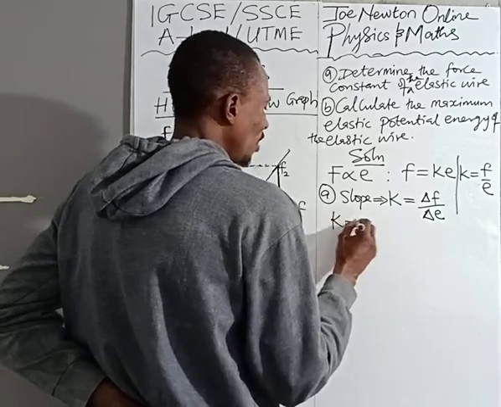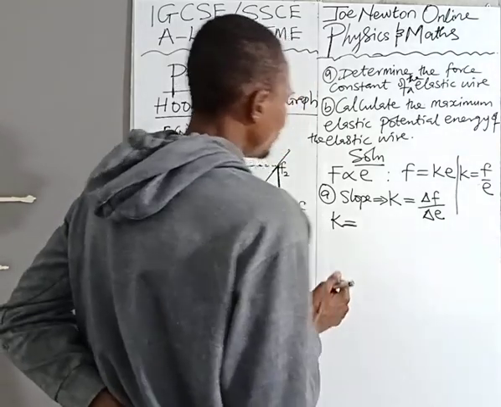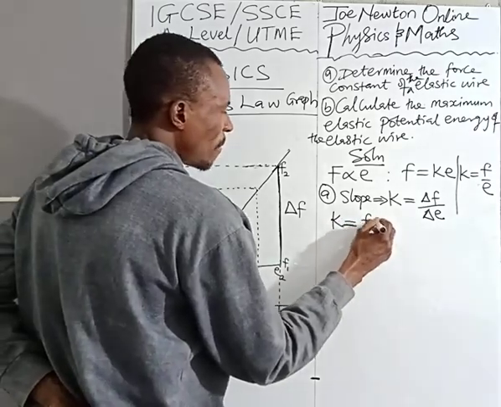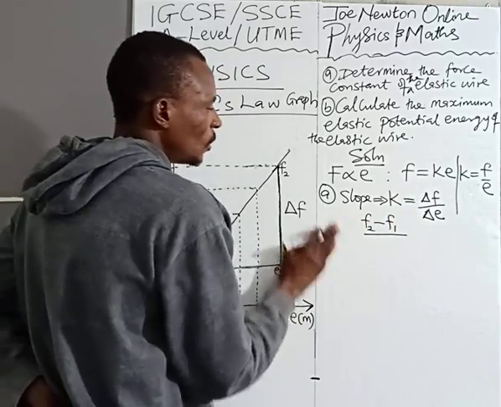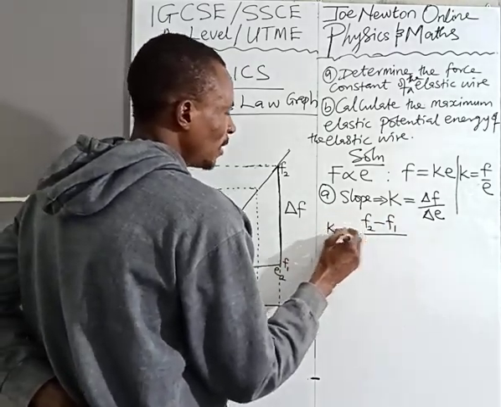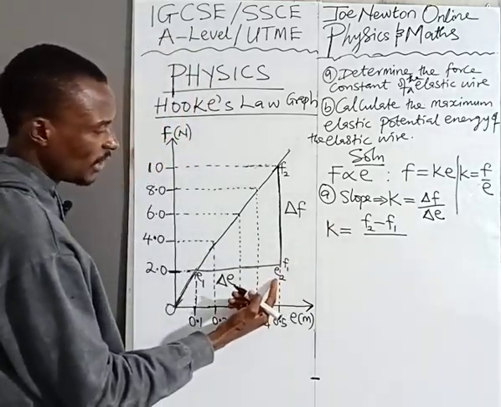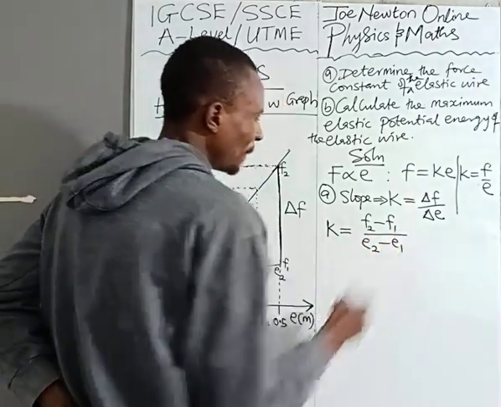Okay, our K now is equal to delta F, changing F, which is our F2 minus our F1, all over delta E, changing E, our E2 minus our E1.